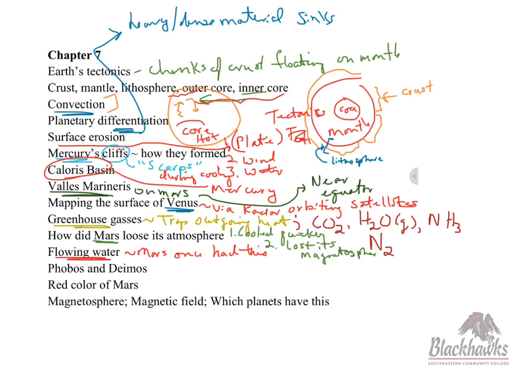Okay, it cooled down quickly, and because it cooled, it lost its magnetosphere. And step number 3, the solar wind blew away its atmosphere. Solar wind blew it away. How's that? Blew it away.